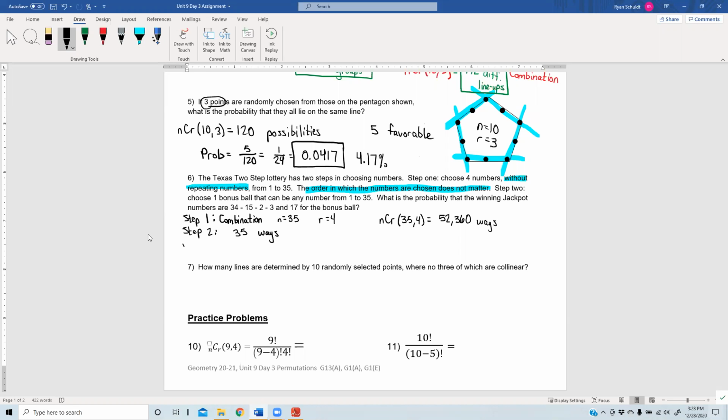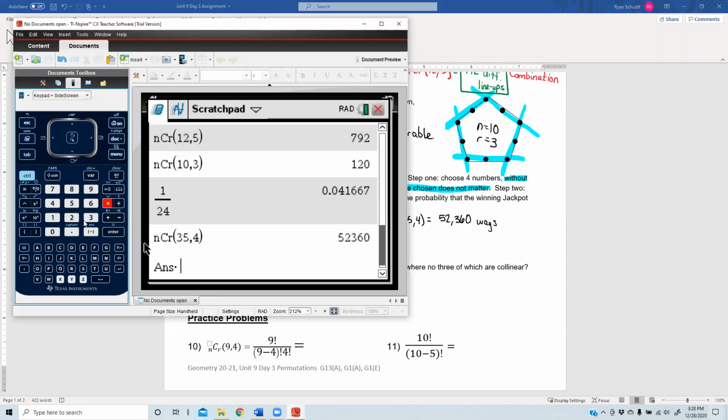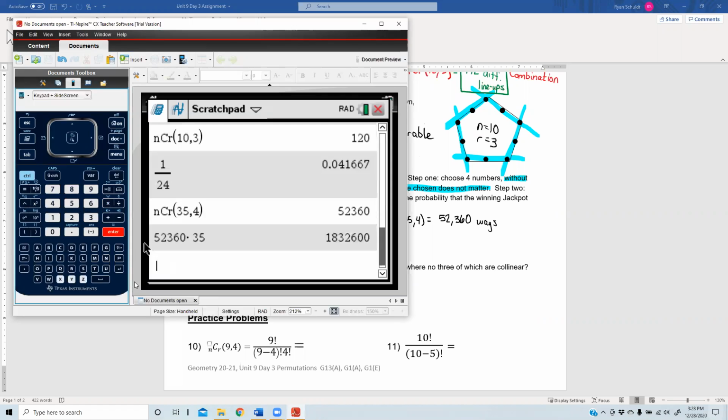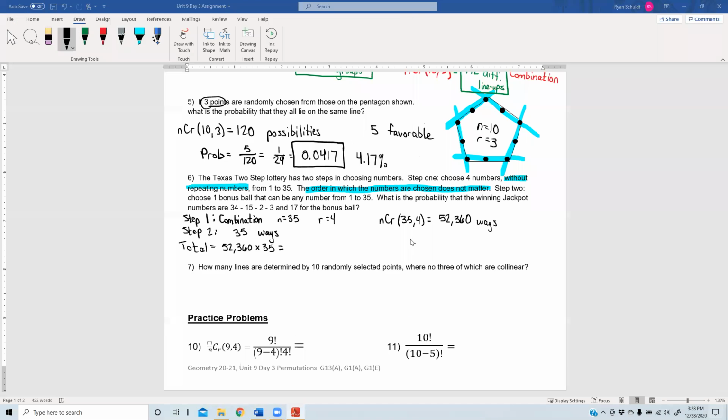So total, we would have to do 52,360 times 35. That means there's going to be 1,832,600 ways for this to happen.